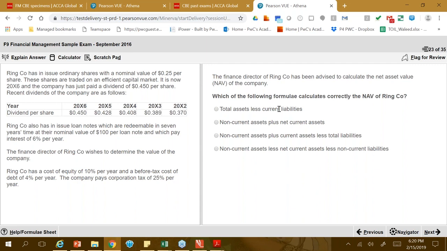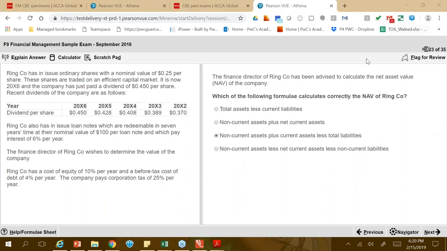Total assets less current liabilities? No. Non-current assets plus net current assets? No. Non-current assets plus the current assets less the total liabilities? Yes. So that's the total assets minus total liabilities. So it's the third one. Third one is the correct one here. Net asset calculation.